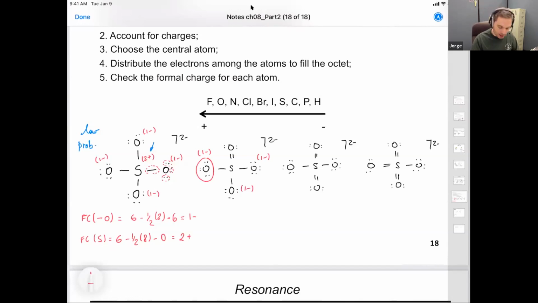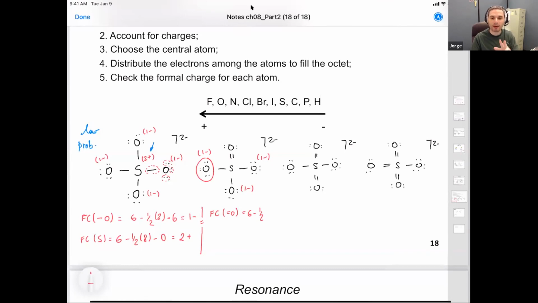Now we have here a second kind of oxygen, which is connected through a double bond to the sulfur atom. For this oxygen, we have to calculate the formal charge. So formal charge for the oxygen connected through a double bond is going to be equal to 6 minus half of the bonding electrons.